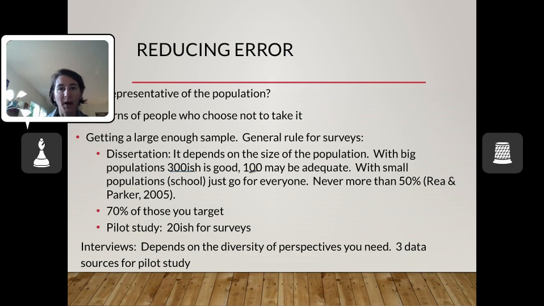With small populations, like if you are interested in what the teachers at a particular school think about something, just survey everyone, all right? But what you really want, if you have a very large population, you don't really need more than 50% of that population, okay? You also really want to try to get, and I mentioned this above, 70% of those you target for the survey to answer the survey.